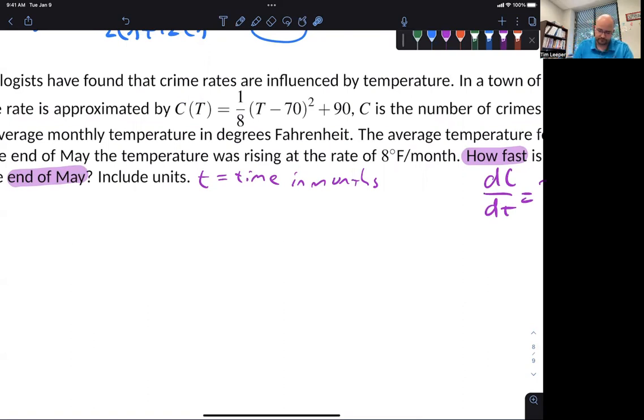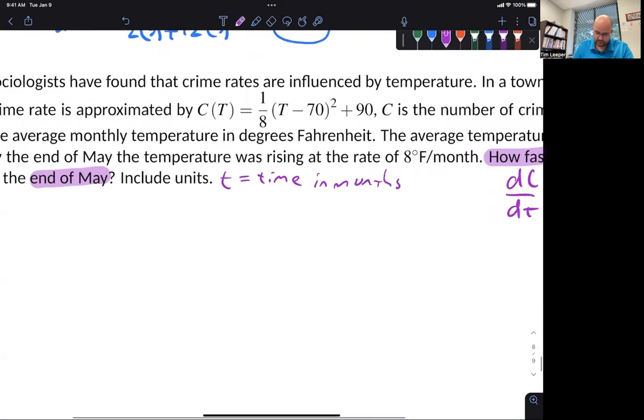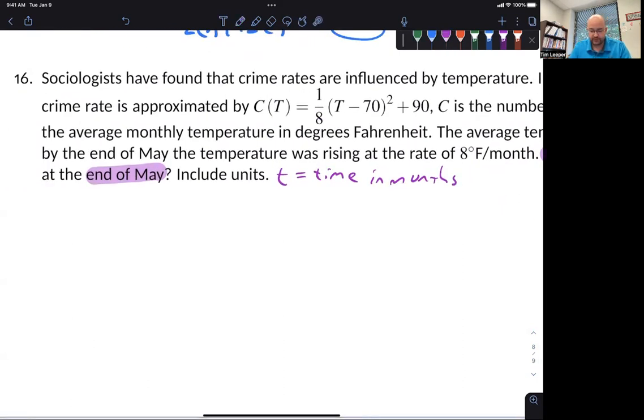So the derivative of capital C is just 1. So I'm just left with dC/dt here, is equal to, and over here, I have to take the derivative of this. So 2 times 1/8 is 1/4, parentheses, capital T minus 70, close parentheses, raised to the first power, and then times the derivative of the inside.